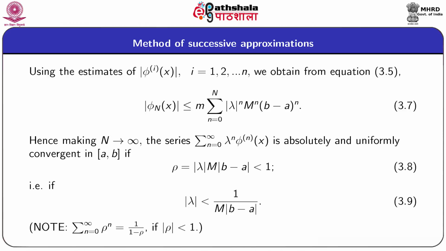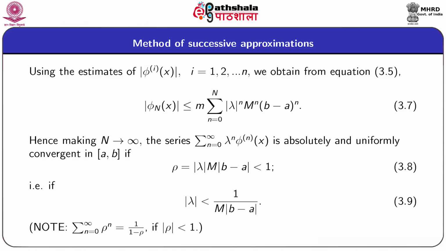Now, if I make capital N tend to infinity in equation 3.7, the summation will converge absolutely and uniformly in the closed interval [a,b] if ρ equal to |λ| into capital M into (b minus a) is less than 1, as given by equation 3.8.